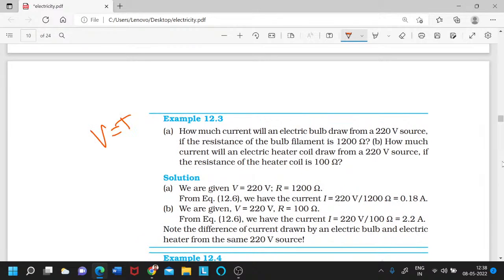V is equal to IR. They asked about I. I is equal to V by R. V is 220. R is 1200. Just do the calculation.